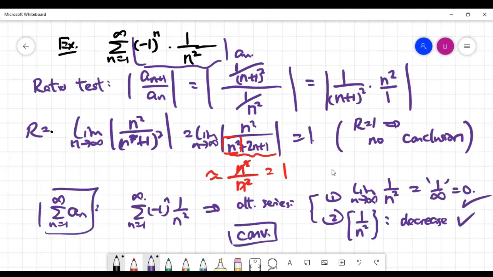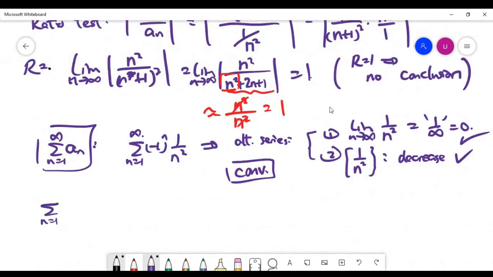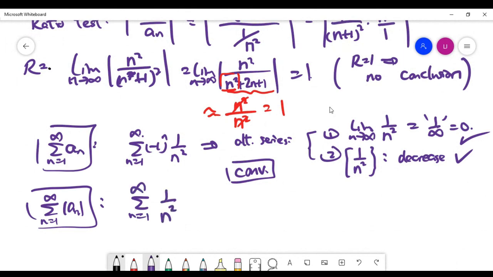How about the absolute version of this? The absolute version of this series is like the summation of 1 over n squared without the sign change term, of course. I believe you can tell me this one is convergent also, because by the p series, our series looks exactly like a p series, and p is 2, which is bigger than 1.